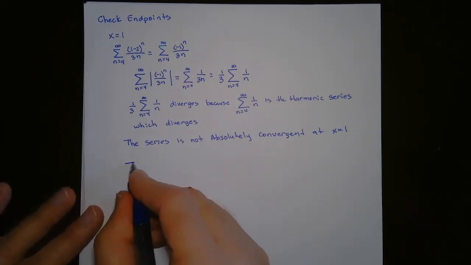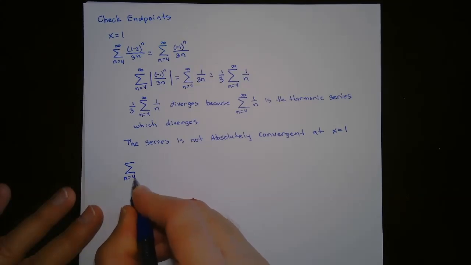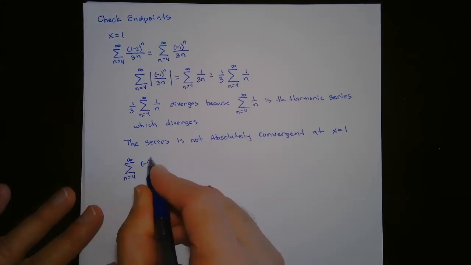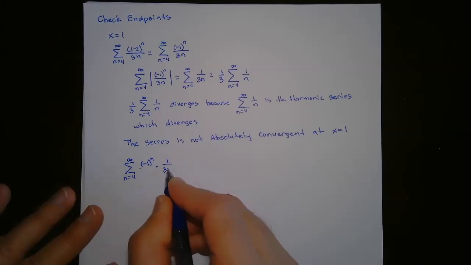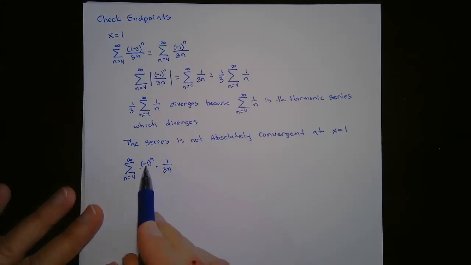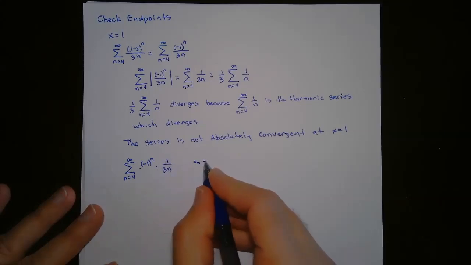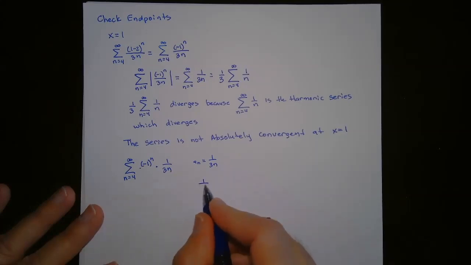All right, so we have sigma n equals 4 to infinity of -1 to the n times 1 over 3n. Okay, so this is an alternating series because of this piece right here, and because it's an alternating series, we need to use the alternating series test. This is our a sub n right here, right? So a sub n is equal to 1 over 3n. Okay, and what do we know about 1 over 3n?